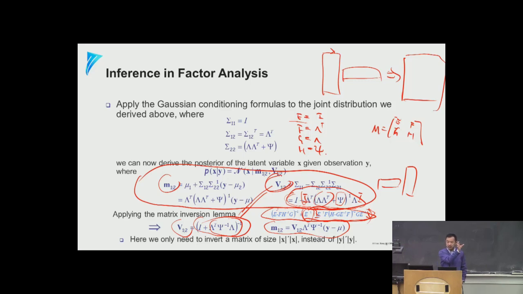Making pieces of Gaussian, conditional Gaussian or marginal Gaussian, blow up into a joint Gaussian, and then use that to do the conditional, and then also use the Gaussian conditional mean and conditional covariance formula to compute all these new means and covariances based on the building blocks, and then use the matrix inversion lemma to reduce the dimensionality.